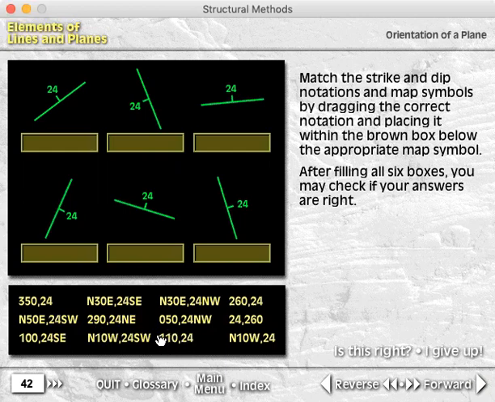So we have to be careful which one we're putting in each of these diagrams. So the first one we would match using the azimuth method, 0, 50, 24 northwest. That's because if we did the right-hand rule, we wouldn't have the northwest on here, and this number would change.